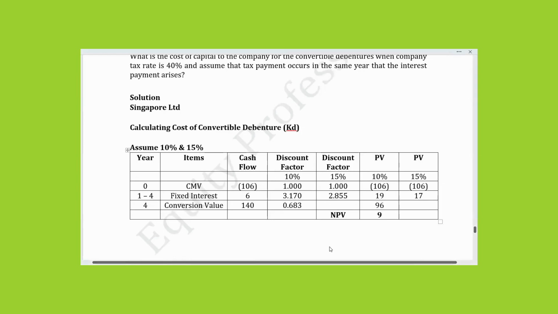What do you have? 0.572. So 0.572 multiplied by 114 naira. What do you have? 80 naira rounding. So to now get the NPV, you are going to add 17 plus 80. That's 97. 97 minus 106 will give us minus 9.